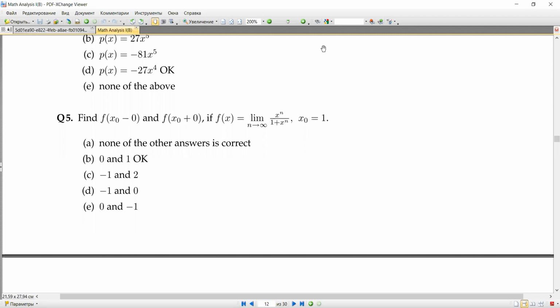Find one-sided limits. How to find one-sided limits here? x0 minus 0 and x0 plus 0. So 1 minus 0, 1 plus 0. Find the limit.